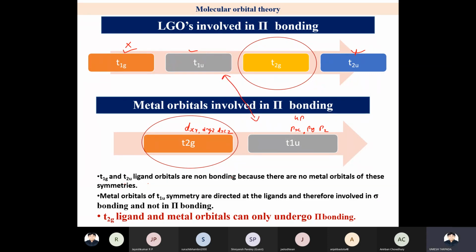So which bond do they form? A pi bond cannot be formed by T1U. We have already told that only the pi bond is formed by T2G. So T1U is involved in sigma bonding, not in pi bonding. But these two T2G orbitals can be involved in pi bonding. So two kinds of symmetry match, that is T1U and T2G. T2G can form a pi bond, T1U cannot form a pi bond, it forms a sigma bond.